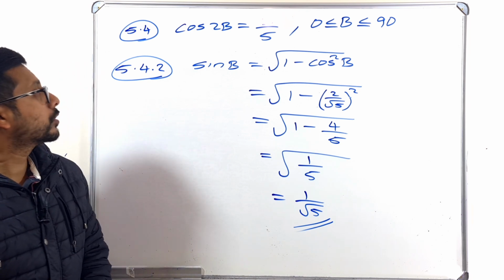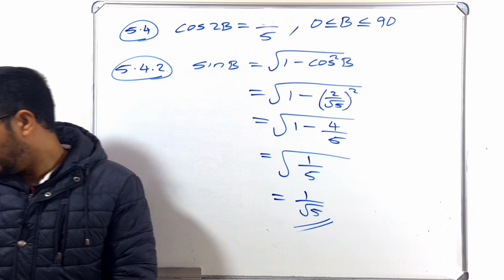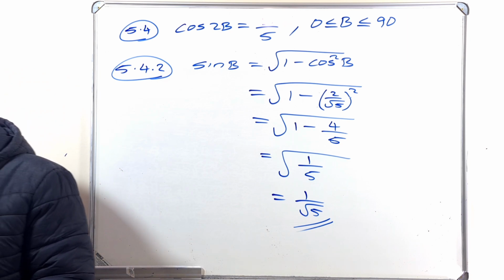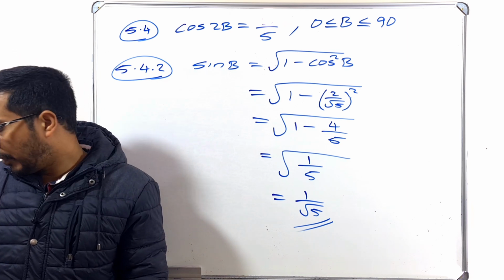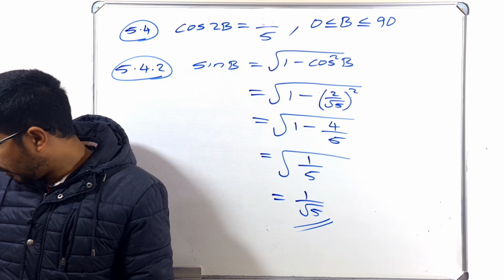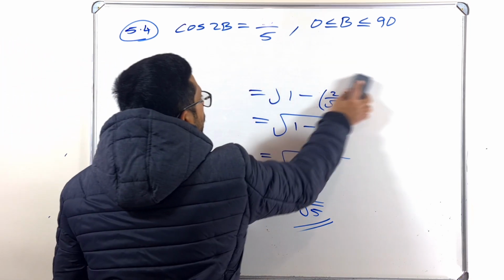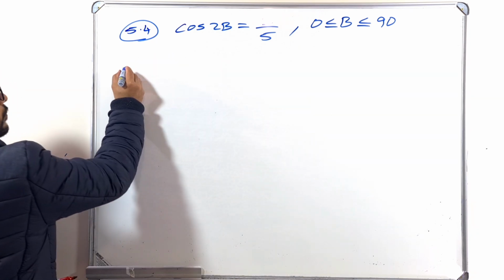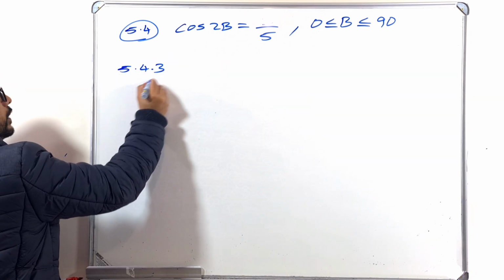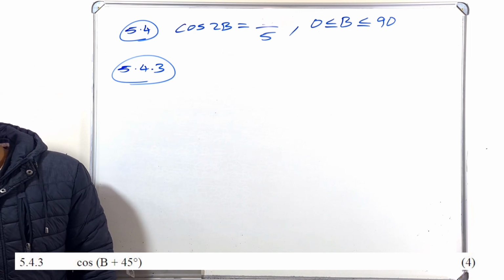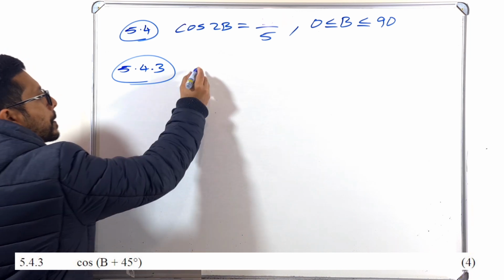Okay, so that is question number 5.4.2. Now let's go to the next question, cos of B plus 45, that is question number 5.4.3. What is that question? Cos of B plus 45.